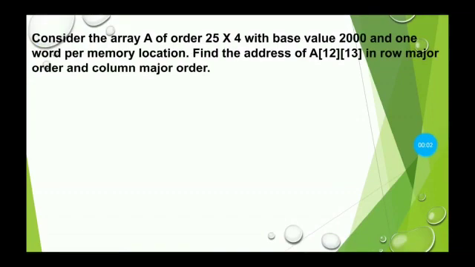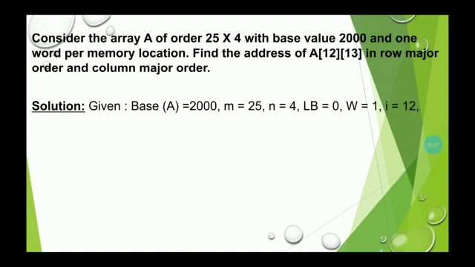Let us see one simple problem regarding this. Consider the array A of order 25 into 4 with base value of 2000 and 1 word per memory location. Find the address of A of 12 13 in row major order and column major order. How to solve this? Just write down all the given elements.